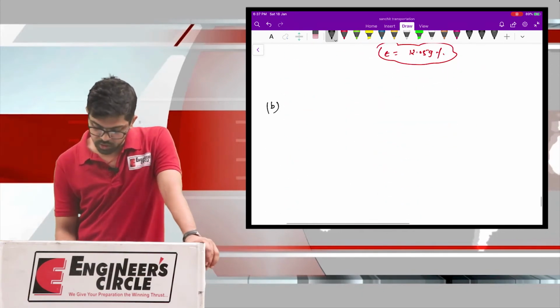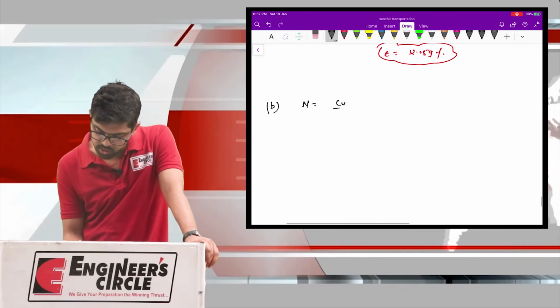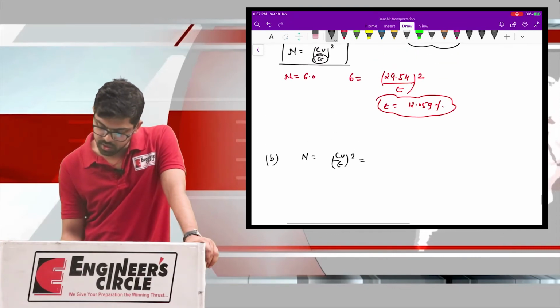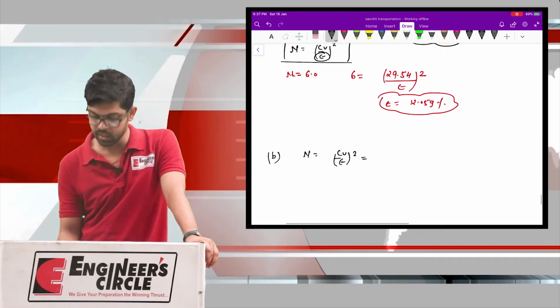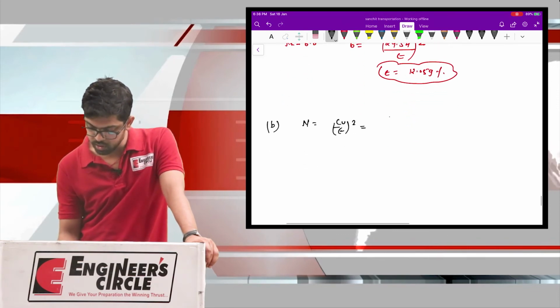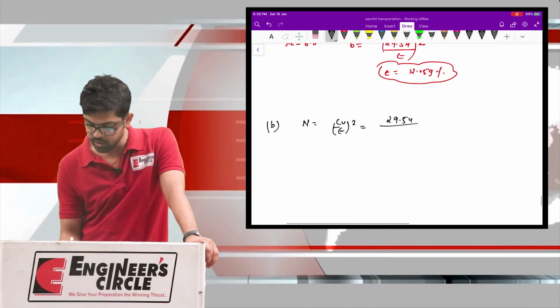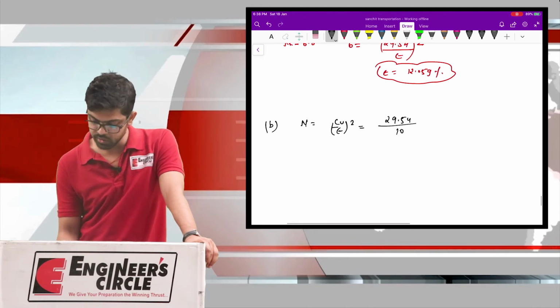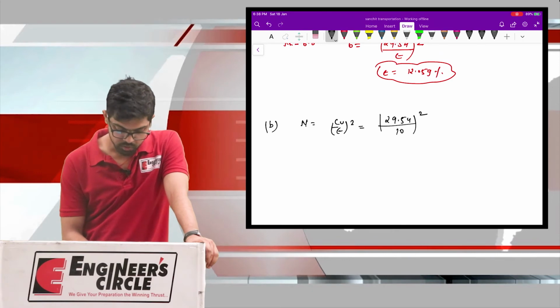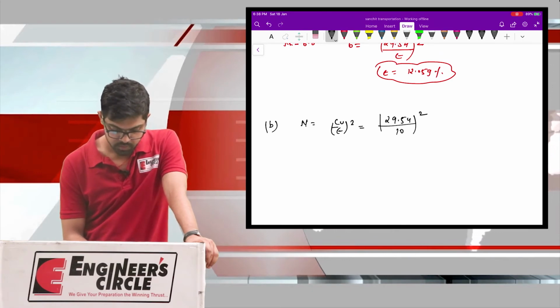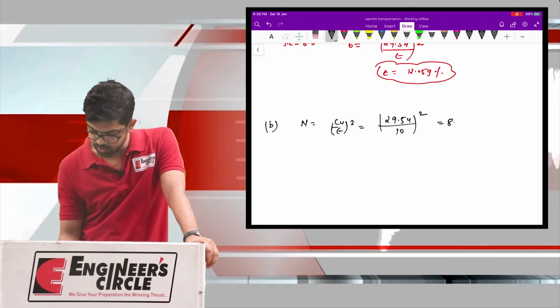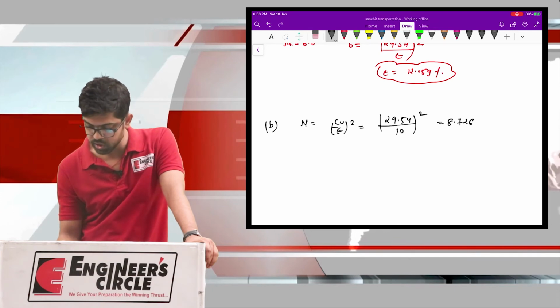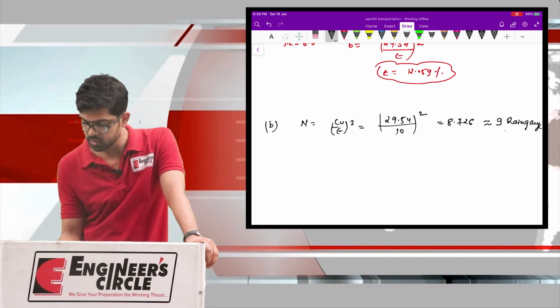So for case B, this n will be equal to CV upon epsilon whole square, and this CV we have already calculated in terms of percentage, that is 29.54, and your standard error in terms of percentage is given as 10%. So take the whole square of this value. The result I am getting is 8.726, which is approximately equal to 9 rain gauge stations.